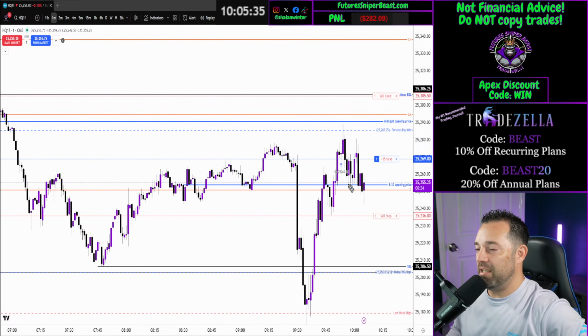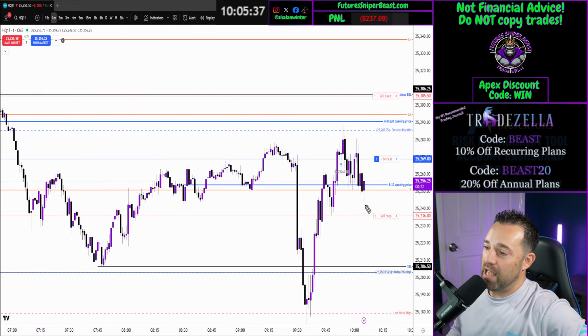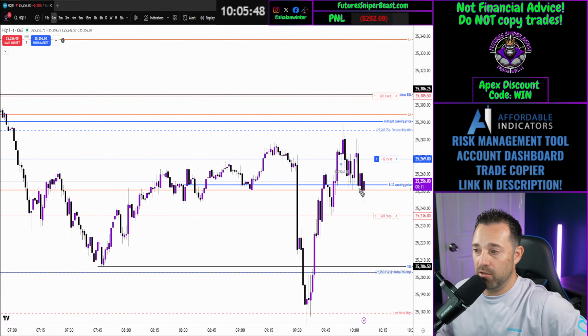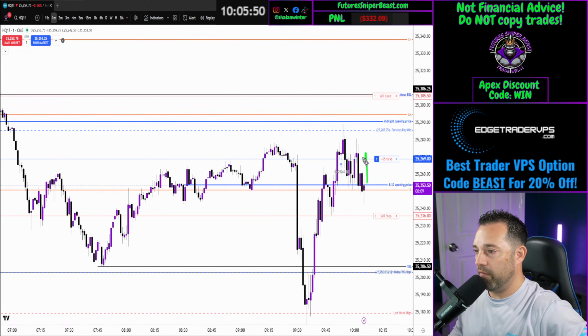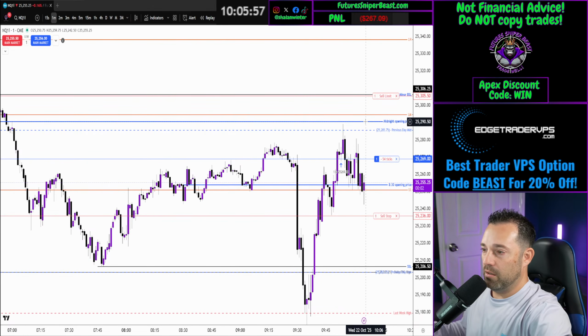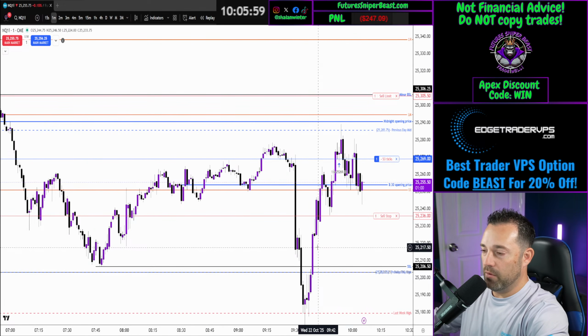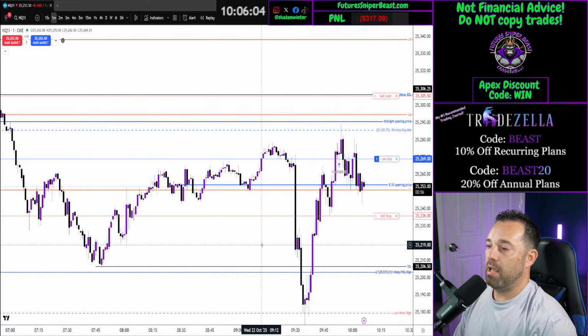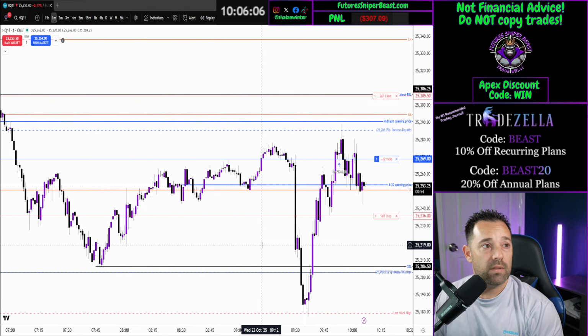Once I start seeing action that says we really shouldn't be doing this, it's still allowed because that's why I have my stop here, but it really shouldn't be doing this. It left this little fair value gap. My expectation is very low on it now. If we can invert this little fair value gap and start taking some highs again, then I'll increase my probability of it winning. But until then, as of now, my win expectation is pretty low on it. That's kind of how I look at it.